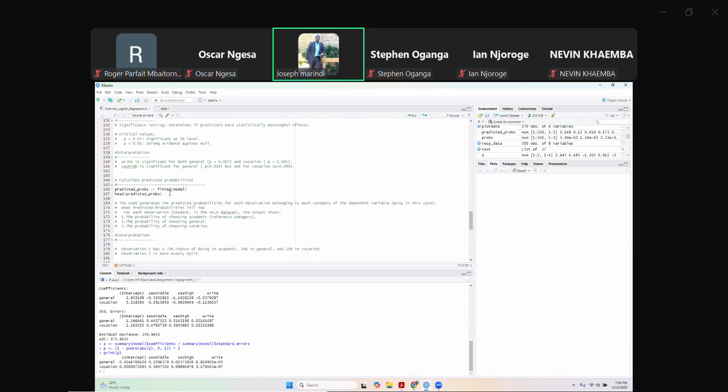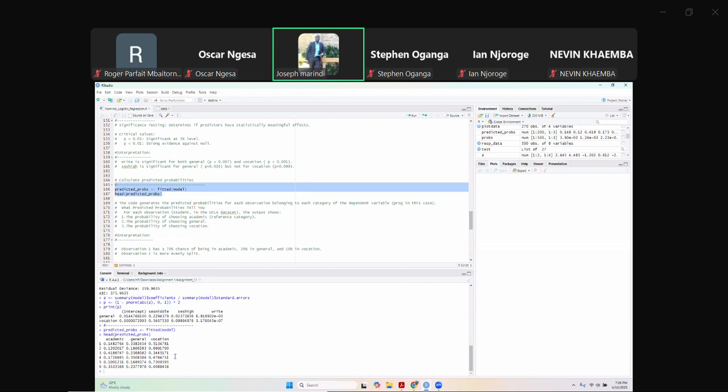Another test you can do is basically we calculate the predicted probabilities. And when we run this code, you can see the results down here. It basically assists us to show the probability of choosing academic, which is the reference category, and also the probability of choosing general and also vocation.